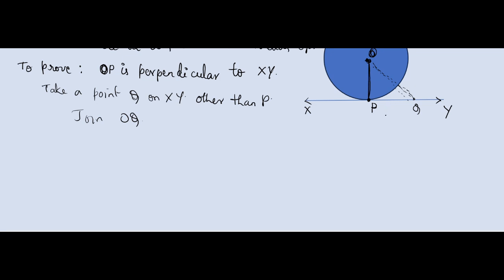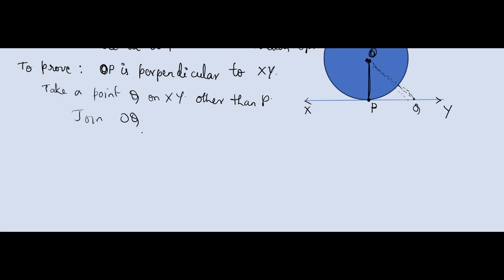If Q lies inside the circle, then this line XY will not become a tangent. It will become a secant, which is not what we want. We want the tangent, so we will take this point Q outside of this circle.